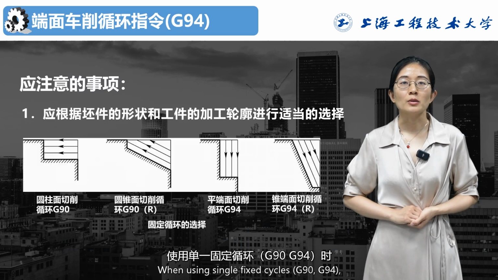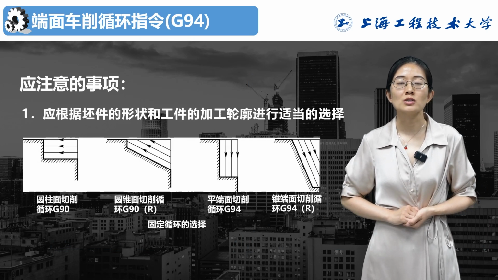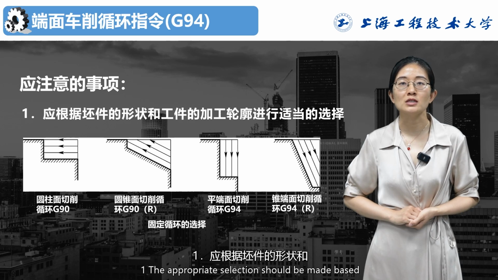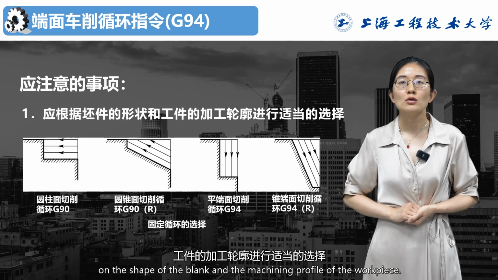When using single fixed cycles G90 and G94, the following points should be noted. First, the appropriate selection should be made based on the shape of the blank and the machining profile of the workpiece.